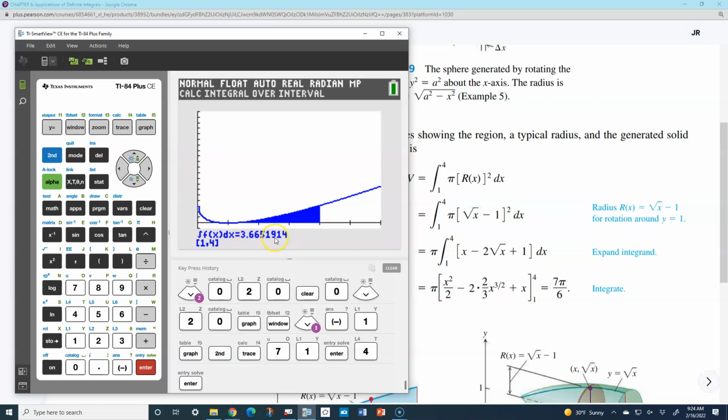But what if you were in Math Excel and you had to give your answer as an exact answer using pi or radicals as needed? Like this is what 7 pi over 6 is as a decimal.